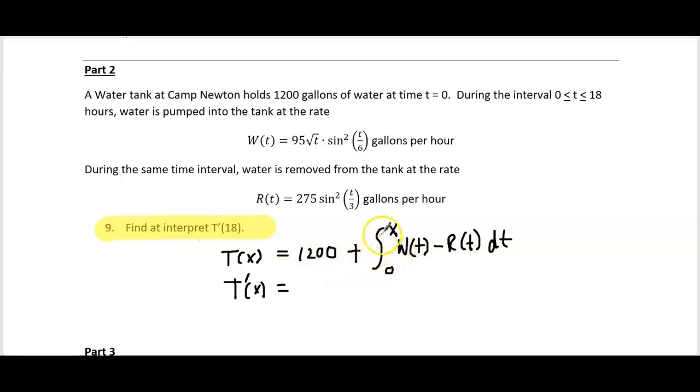And then when you take the derivative of the integral, so long as there's just a number down here and just a variable here, we can apply the second fundamental theorem of calculus, which says you drop the integral, and then you put the x in the place of the t's there. So the derivative then of T would just be W of x minus R of x. Now they're asking us to find T prime of 18.